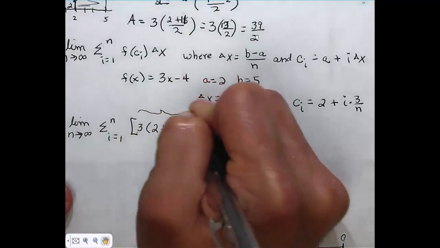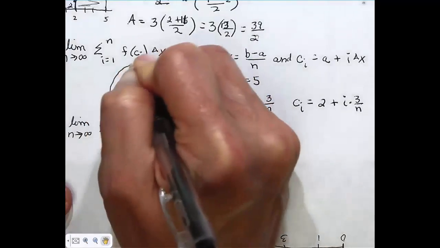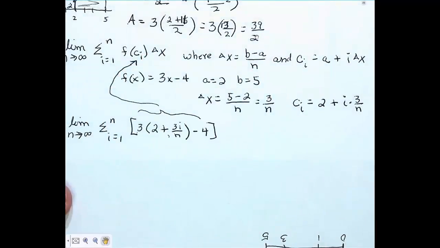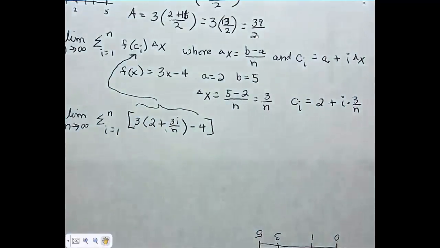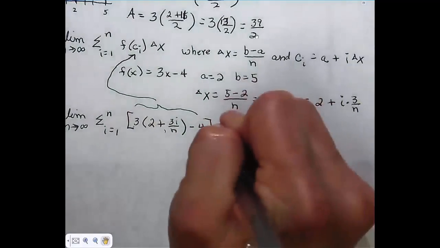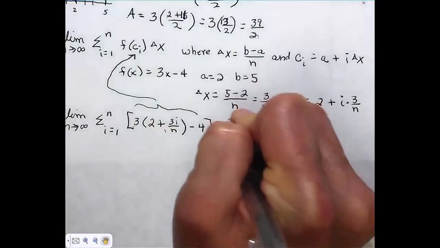And then what else is part of that stuff that's being summed up? Times delta x, which is 3 over n.